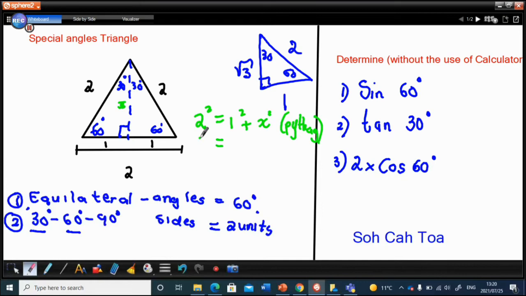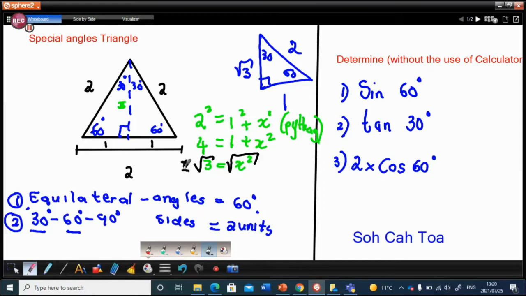Right, so we'll have 4 here, and we'll have 1 plus x squared, right? And if we send 1 that side, we are going to get 3 equal to x squared. And you know, if I square root on both sides, I'm going to get plus or minus the square root of 3. But now, because we're dealing with length, we are not going to write negative.